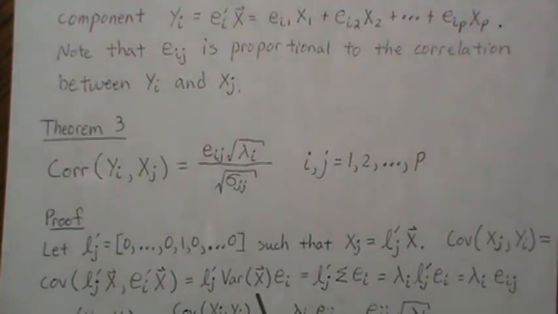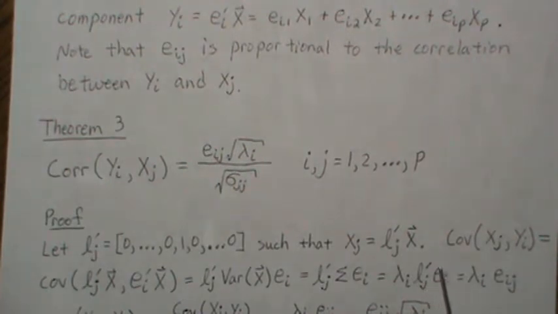And it's the variance of x, which is sigma, but this is an eigenvector of sigma, so we can replace sigma with lambda i, and since it's constant, take it out front. Well, then this is all zeros except for the jth component, so when we do this vector product, we just get the jth component of that eigenvector.